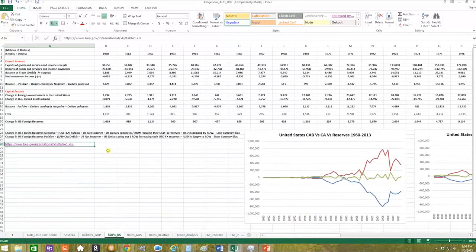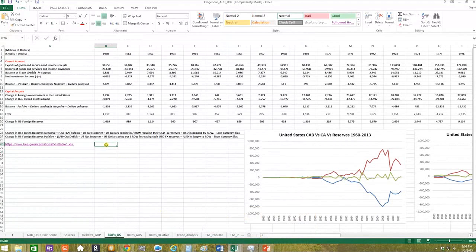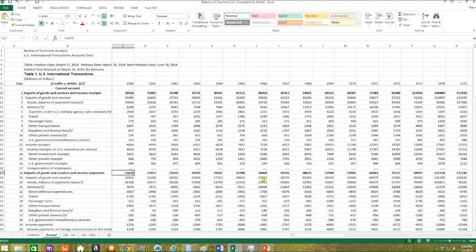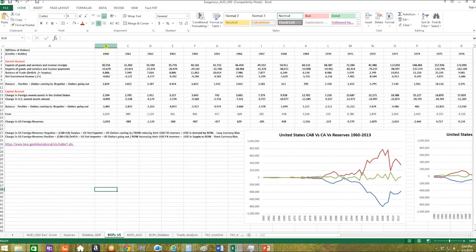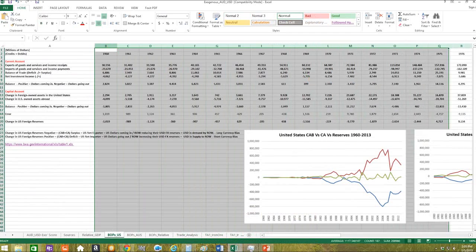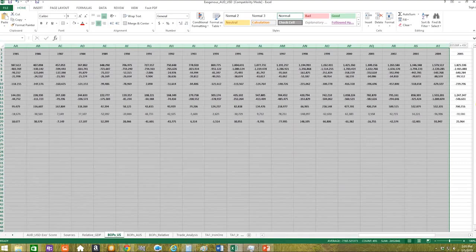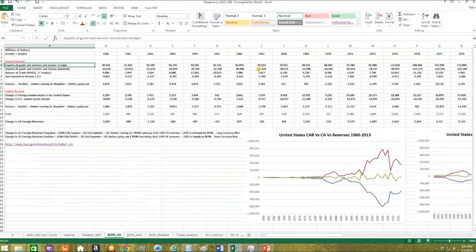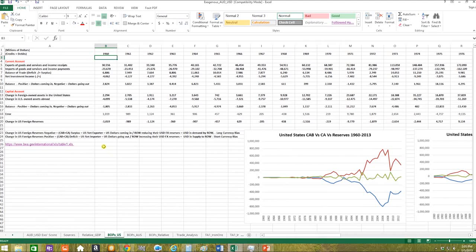If we go back over to the exogenous analysis sheet, when we're looking at 1960, you can see the exports and imports number is coming from the US trade data from the BEA. And all of these numbers are accurate to the original spreadsheet. We've just transposed the numbers across, focusing on the items that really matter.